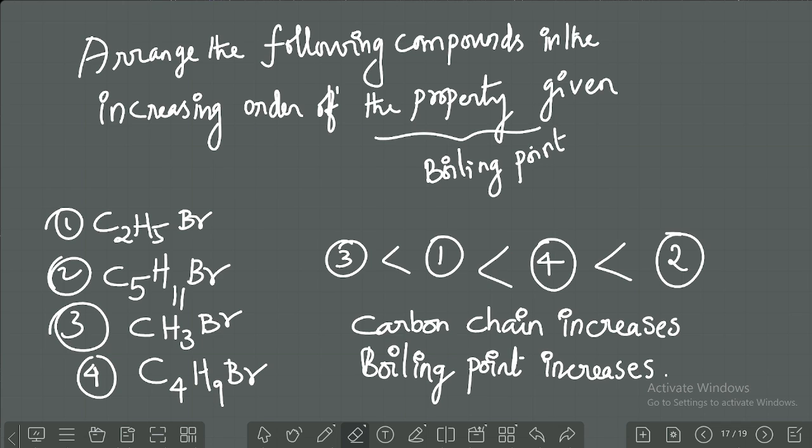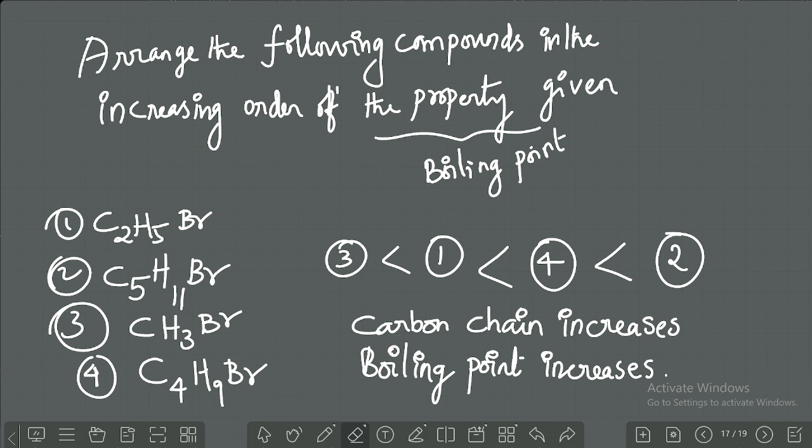Right? So here 1 carbon, 2 carbon, 4 carbon, 5 carbon. So which one has a higher boiling point? 5 carbon. So 5 carbon is given in option 2. So increasing order only is always asked, right? So 1 carbon is third one and 2 carbon is first one. Then 4 carbon is fourth one. 5 carbon is second one. So that is the increasing order. Is it clear?